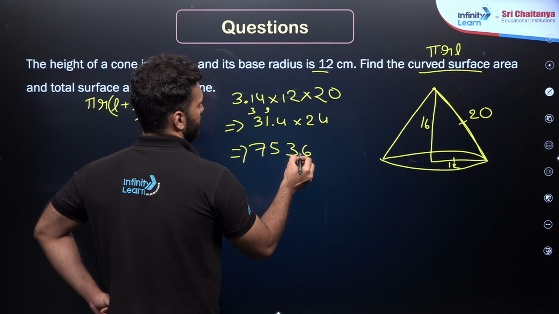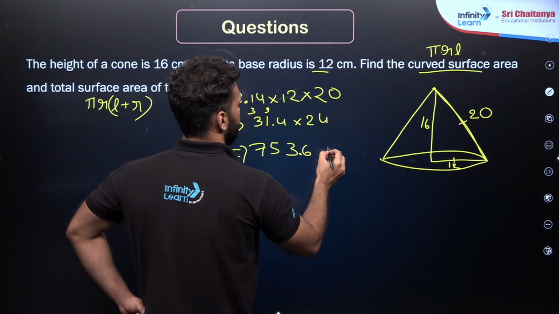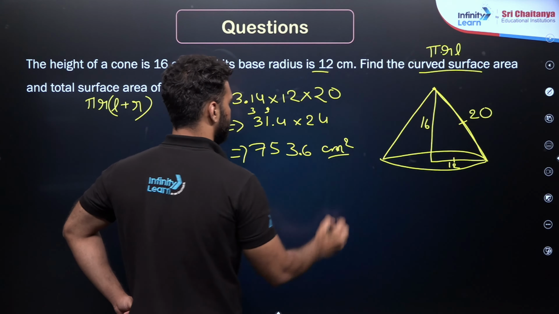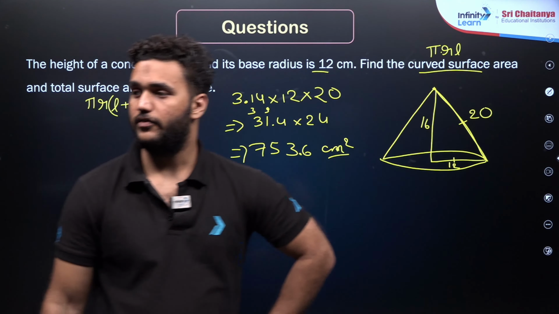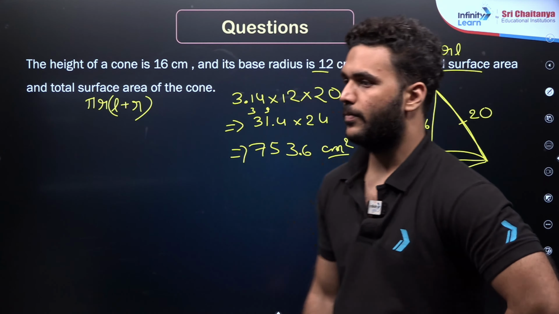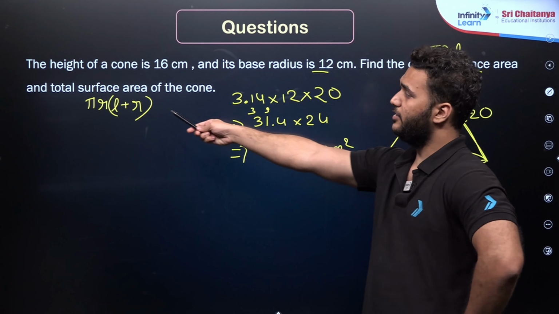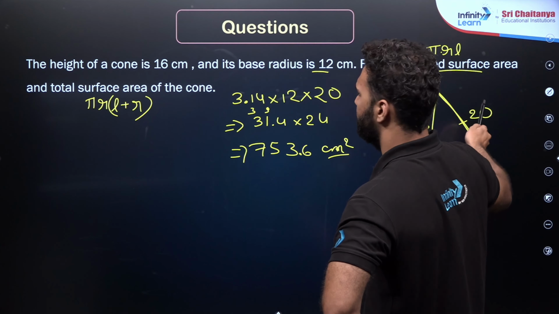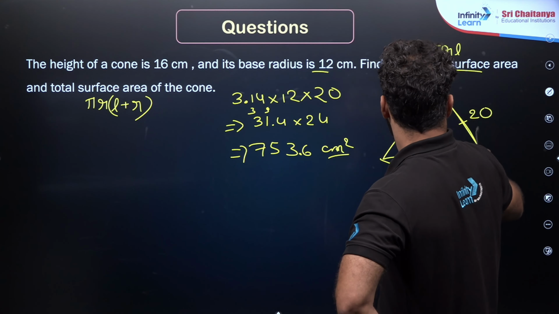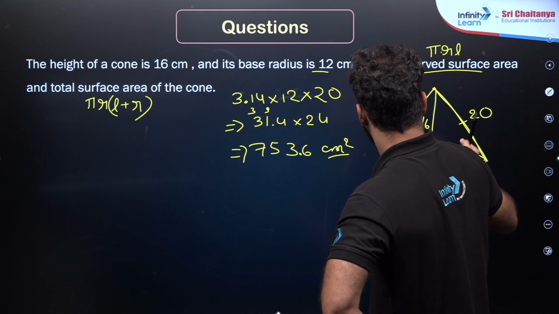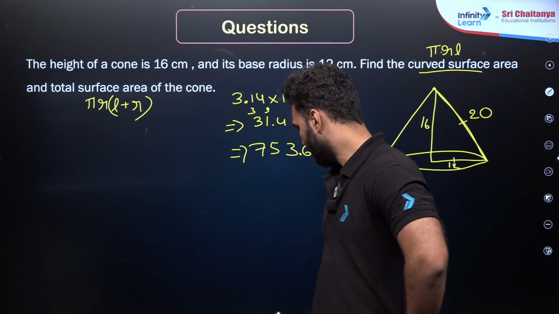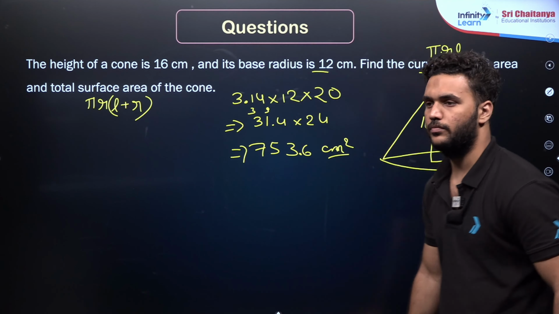And we have the decimal point here, and centimeter, then this will be centimeter square. Any doubt, anyone? Okay, so that part you can do. L plus r, 12 plus 20, you will get 32. 32 into 12 into 3.14. That's it, you have to do.